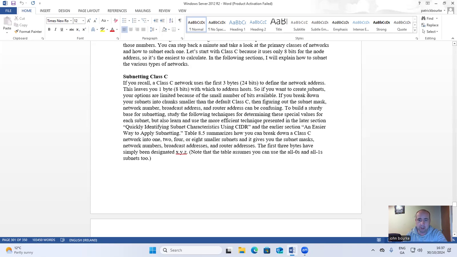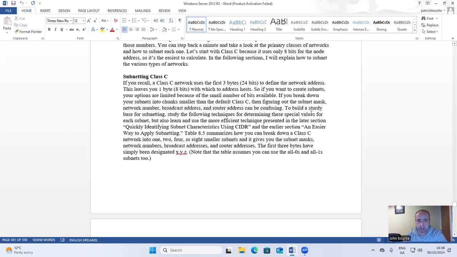So if you want to create subnets, your options are limited because of the small number of bits available. If you break down your subnets into chunks smaller than the default Class C, then figuring out the subnet mask, network number, broadcast address, and router address can be confusing.